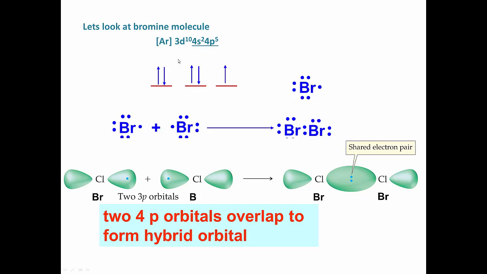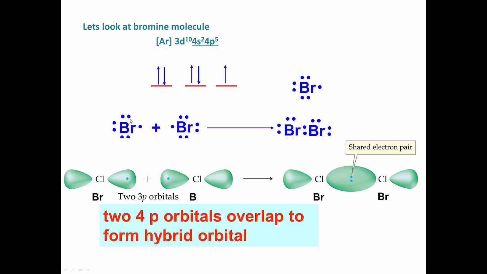Let's take a look at a bromine molecule. So we have two bromine atoms, and let's take a look at the electron configuration. Again, it's the valence electrons that take part in bonding. So we have 7 electrons in the outer shell, so 7 valence electrons for a bromine atom.